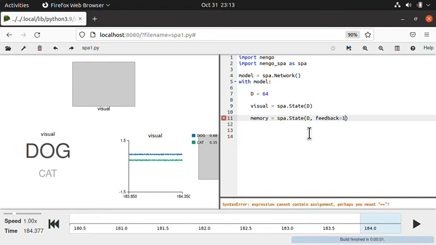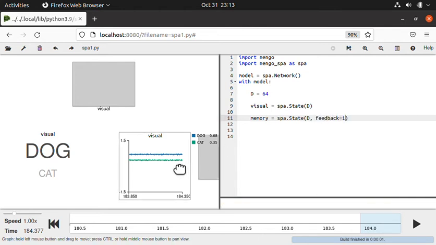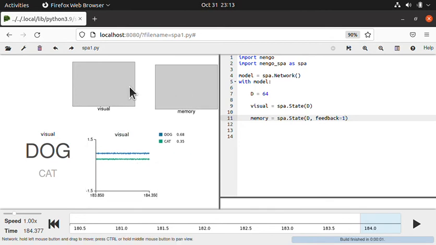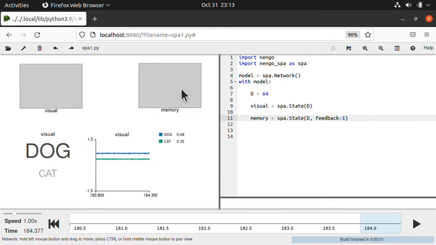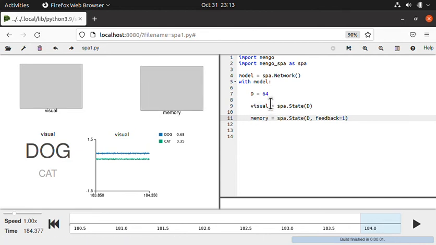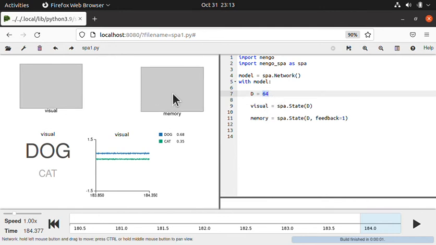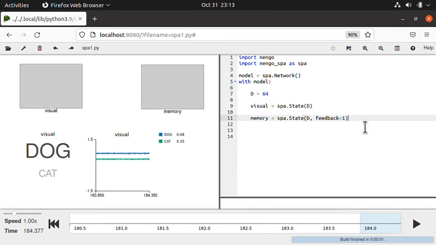So there's an argument on this SPA-STATE thing that says, do a feedback connection that scales it by 1. So this is now an integrator. Okay? It's exactly the same sort of integrator that we saw before. It's just in 64 dimensions rather than in one dimension when we taught it in class, and in 2 dimensions when I did that critter example that was storing its location and time. That was a 2-dimensional integrator. This is a 64-dimensional integrator. Same math, same everything, no changes to anything.